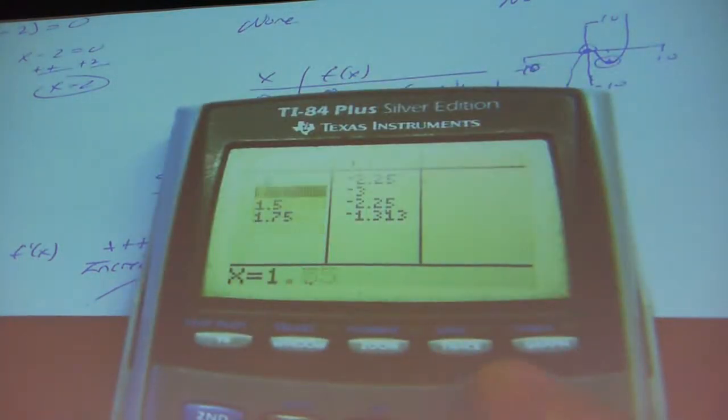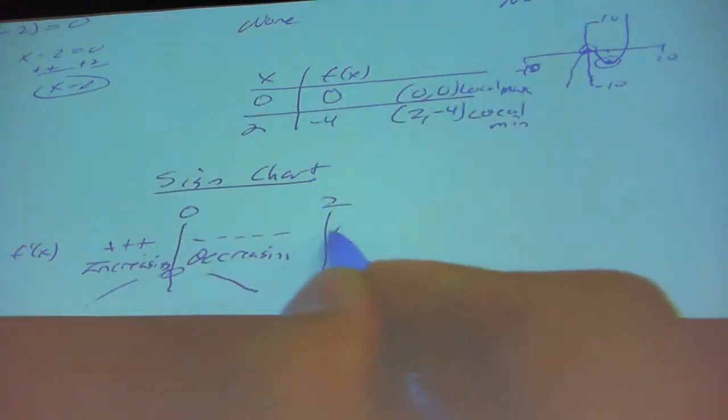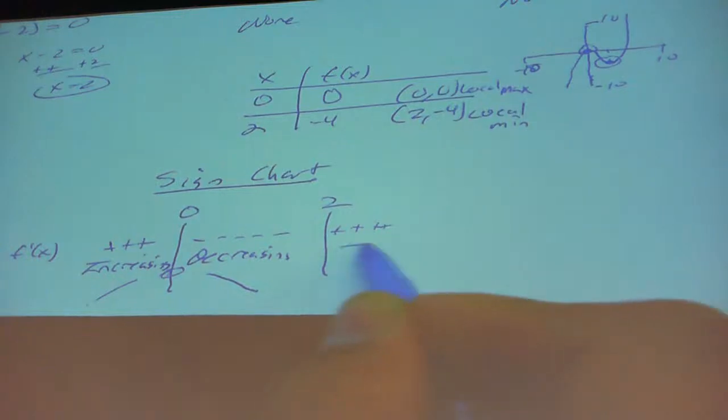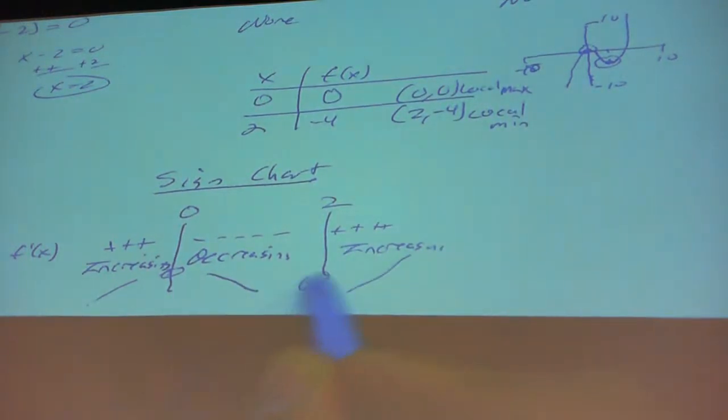After 2, like 3, 4, 5, 6, all those numbers are positive. That's where the graph is increasing. So decreasing, increasing, that's where we have a local min. So the sign chart verifies that we have a local max at (0, 0) and a local min at (2, -4). That is review for 4.1.